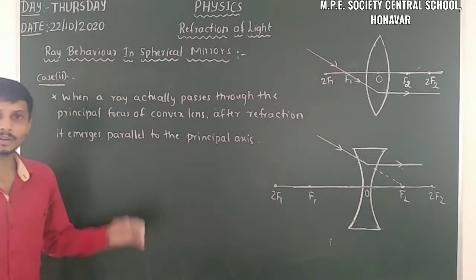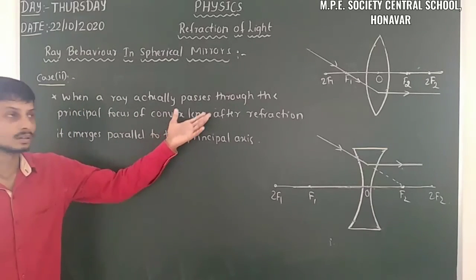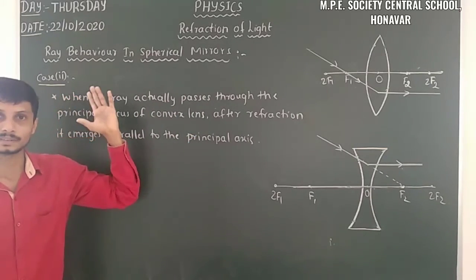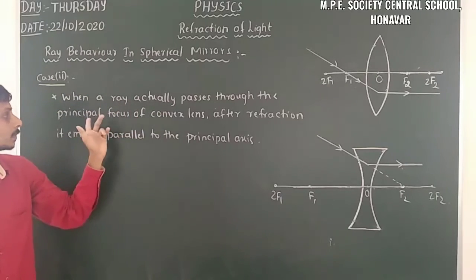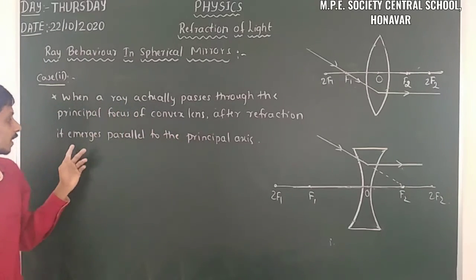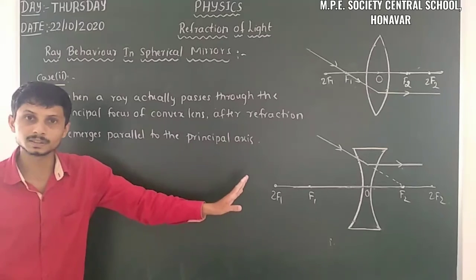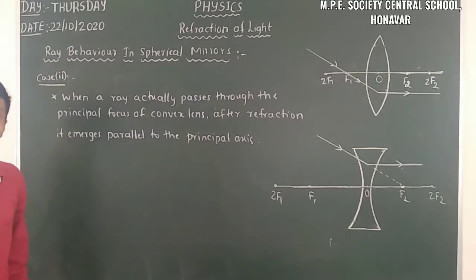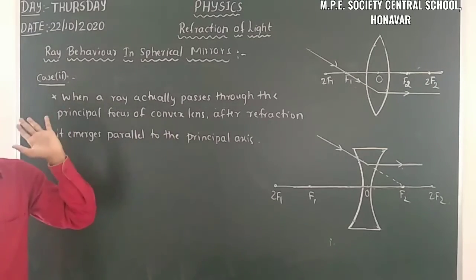So we have that about the convex lens. When a ray passes through the principal focus of the convex lens, after refraction it emerges parallel to the principal axis. Now the concave lens.